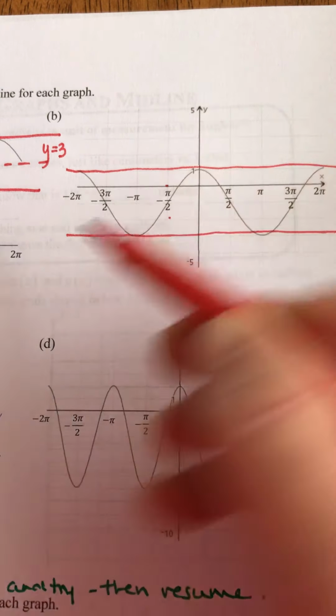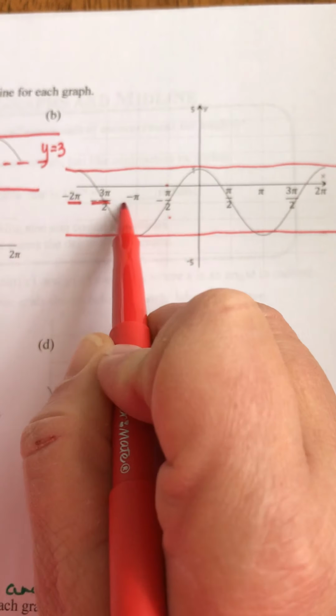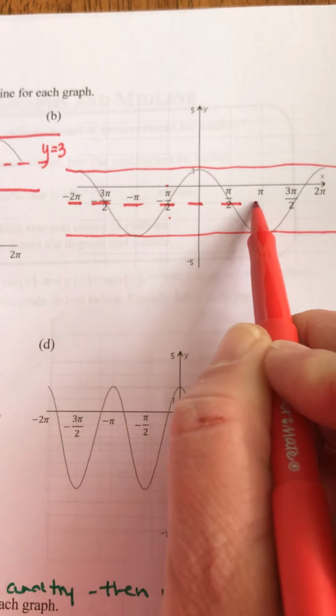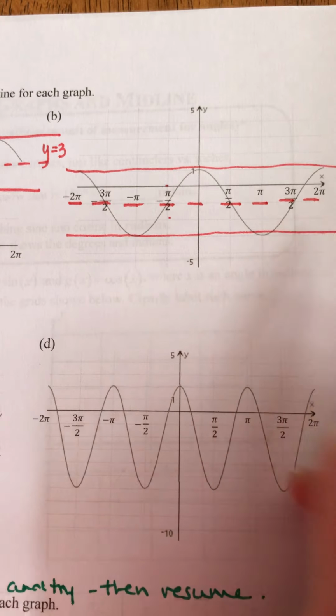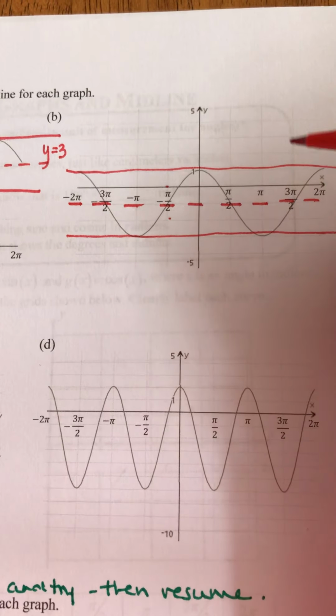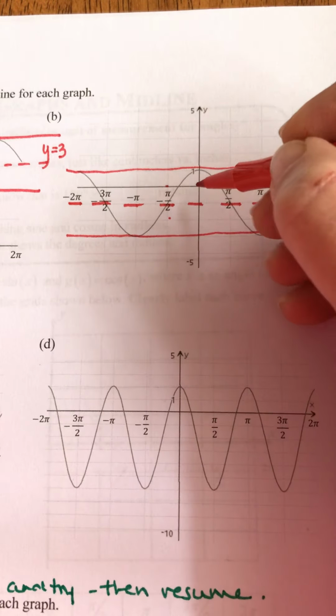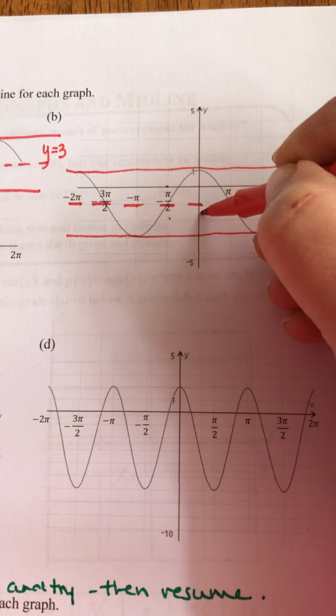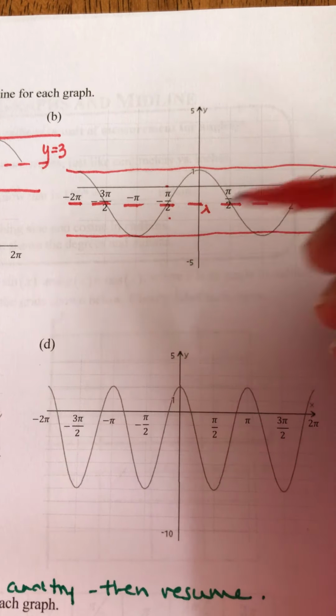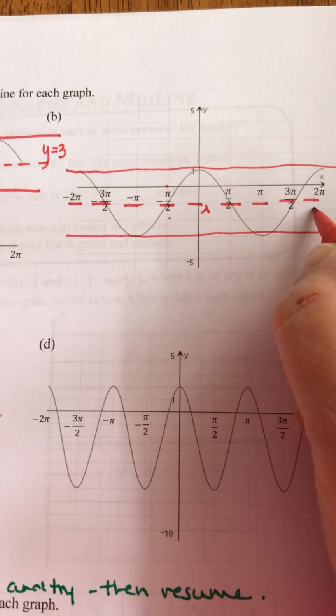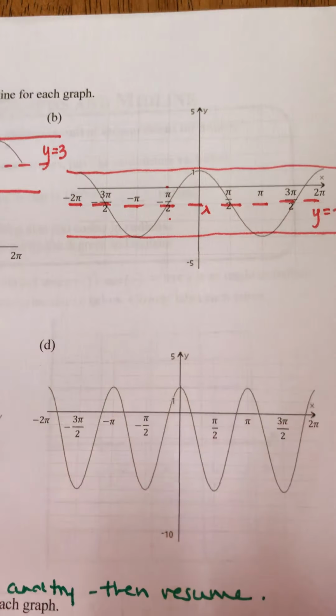So half of 4 is 2, and the midline would go 2 units above the bottom and 2 units below the top. That's our midline. What is the y value of that line? Let's look at our scale. So that would be -1, because it'd go -1, 2, 3, 4, 5. So our midline here is y equals -1.